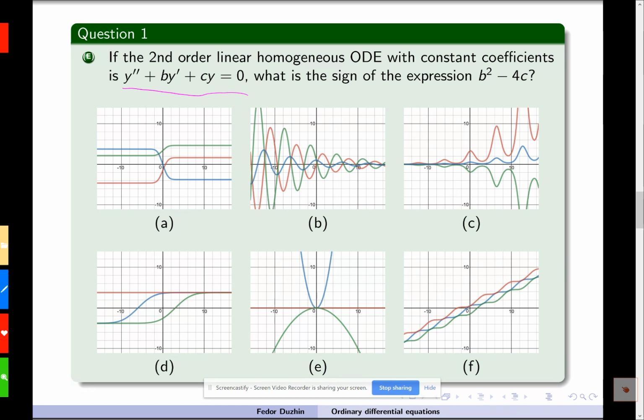The solution could be either a combination of exponential functions, or it could be something with oscillations, and this is plot B. We see oscillations. So we see something like e to the power lambda t times c1 cosine mu t plus c2 sine mu t. And this happens if the roots of the characteristic equation are complex numbers, which means that the discriminant of the characteristic equation, which is exactly b squared minus 4c, is negative. So the answer is that it is negative. The sign is minus.